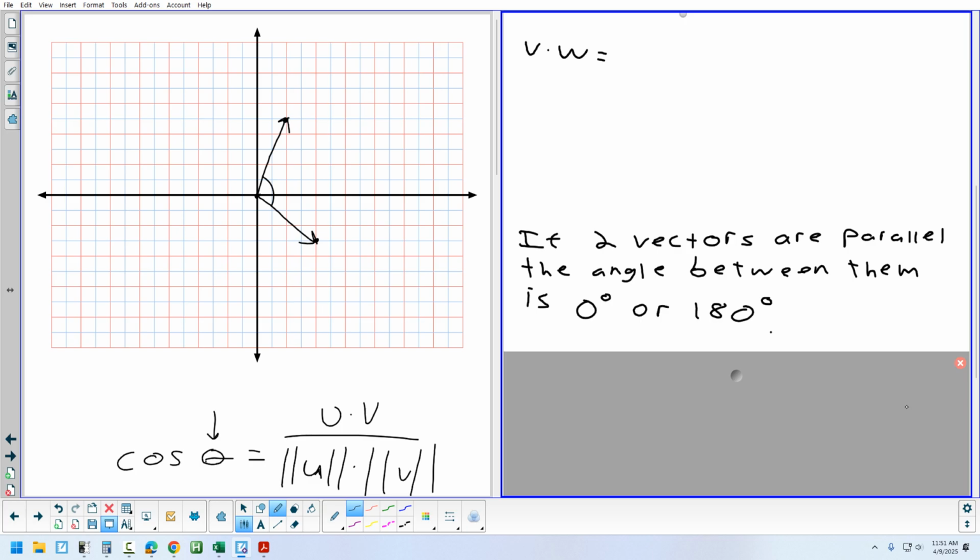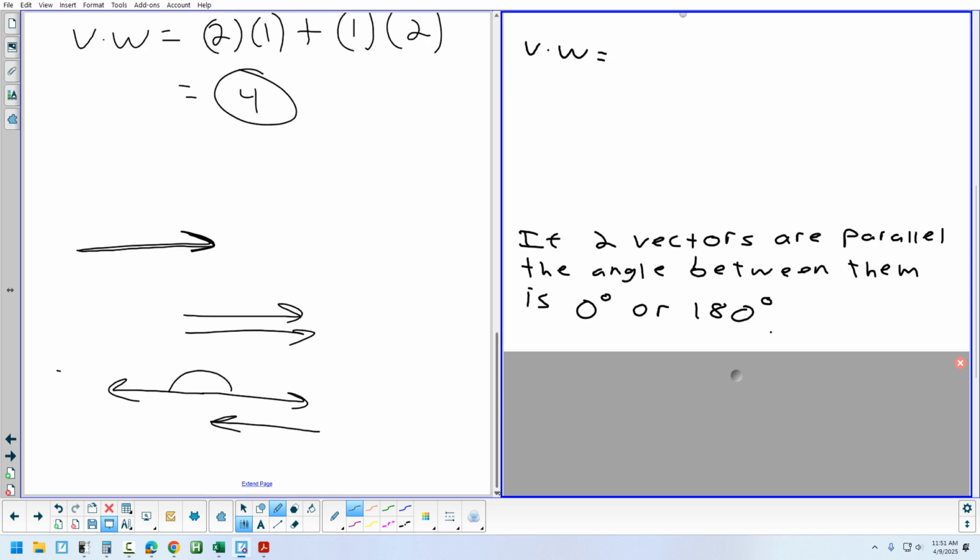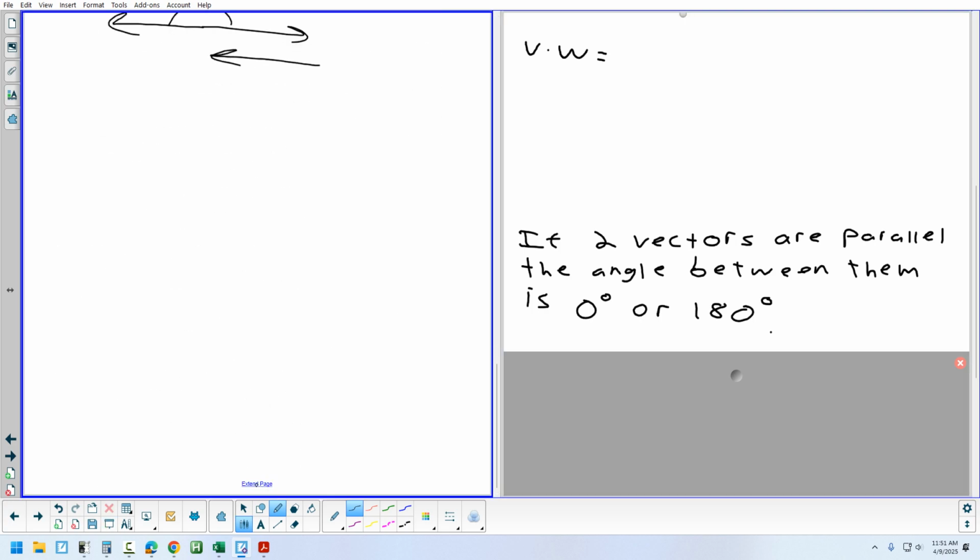So let's see if we can figure out if there's a shortcut for parallel, or if we just have to do the whole thing. Okay. So one way they could be parallel is if the angle was, let's do the 180 first. Let's say we don't actually know what our vectors are, we just know they're parallel.